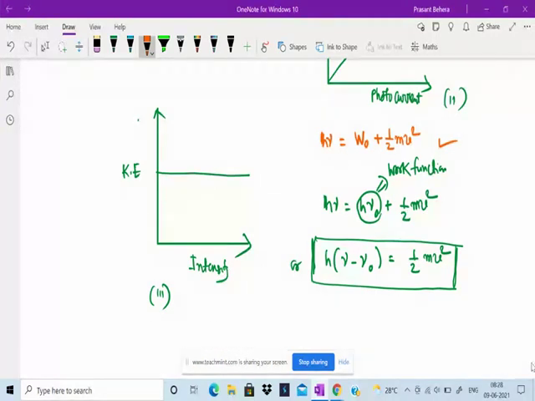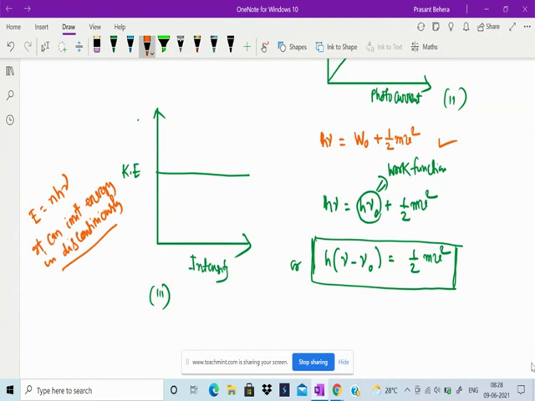And it can emit a whole number of packets: 1 photon, 2 photons, 3, not fractions. It emits energy in a discontinuous way, not continuously.